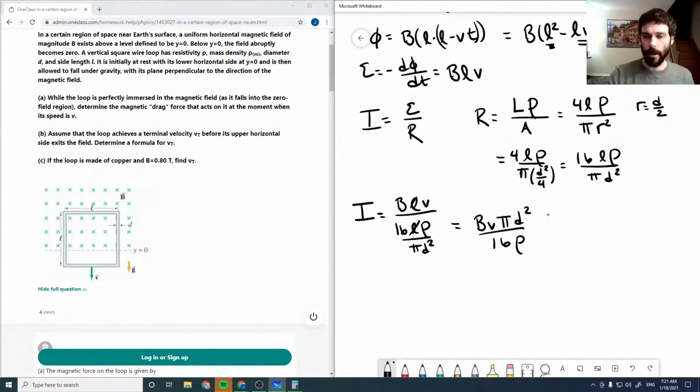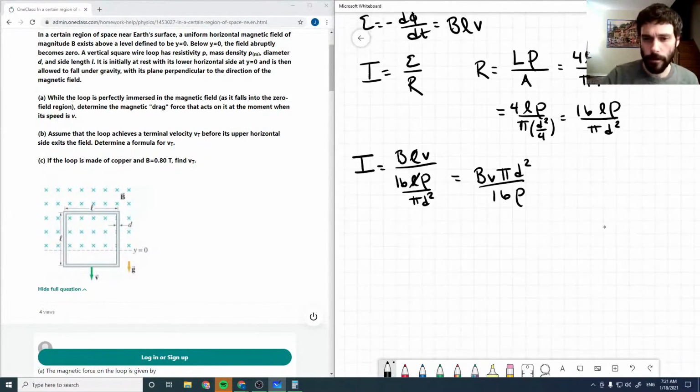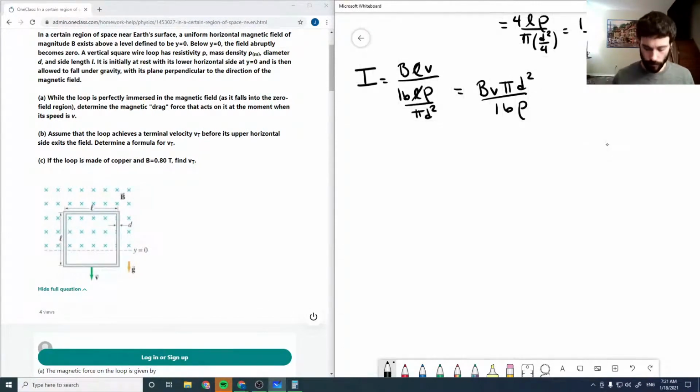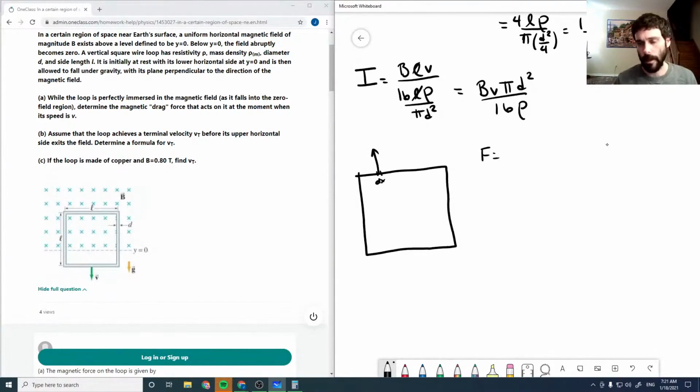And so then our force on some small dx I've given as I dx cross B in this direction. So that's our small increment of force, and our total force will be the integral.